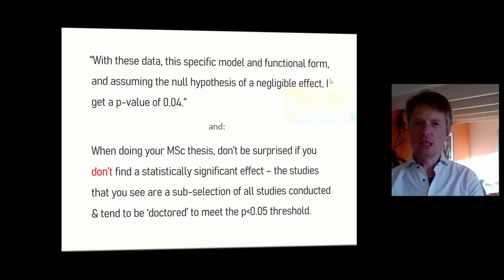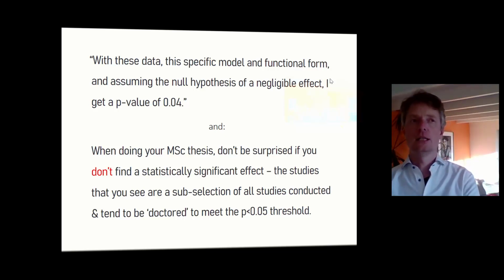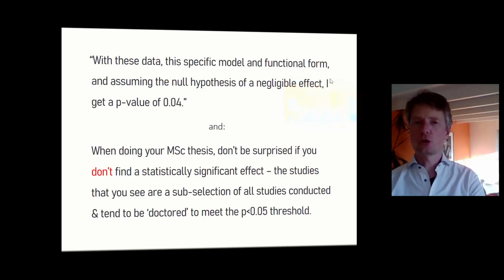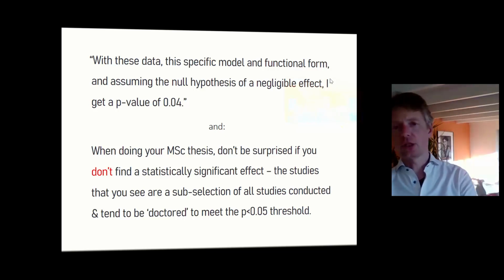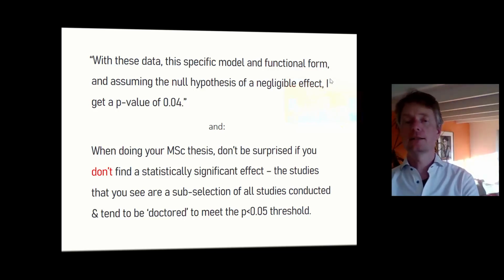What you do not see is those many studies that did not get published, or those alternative model specifications that were left out. Right? So if you do your own study, there's a good chance that you do not find a statistically significant result.